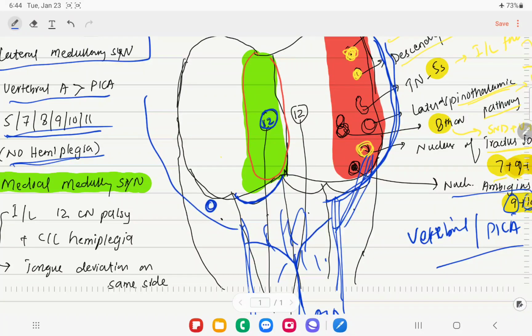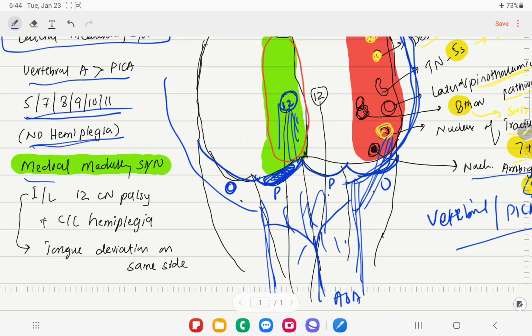So basically this is the olive, this is the pyramid, this is also pyramid, and this one is called the olive, so the olivary nucleus is there. In the pyramid, we'll have the pyramidal tract, basically corticospinal pathways. When there's contralateral hemiplegia and the 12th nucleus is involved, this is called medial medullary syndrome. We'll have ipsilateral 12th nerve palsy, so the tongue will be deviated to the same side, and contralateral hemiplegia. The artery involved is the anterior spinal artery.